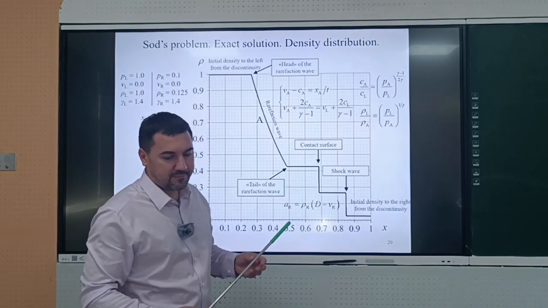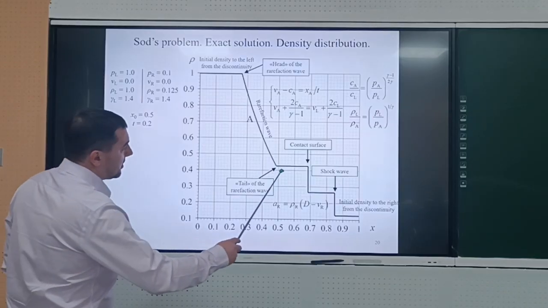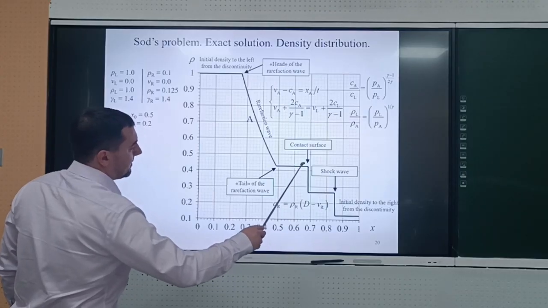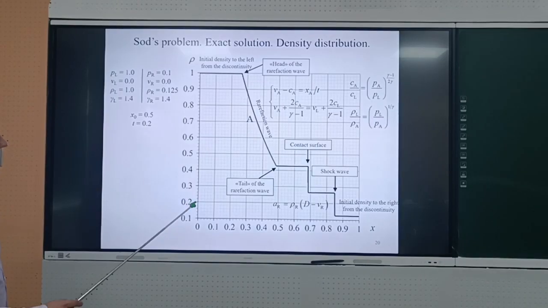I explained to you how to find the pressure and velocity at the contact surface. They are the same to the left and to the right of the contact surface. But actually there are a lot of other parameters that define the structure of our solution.